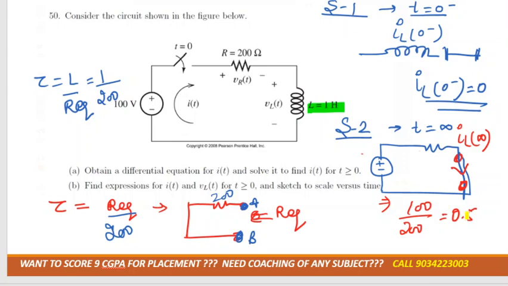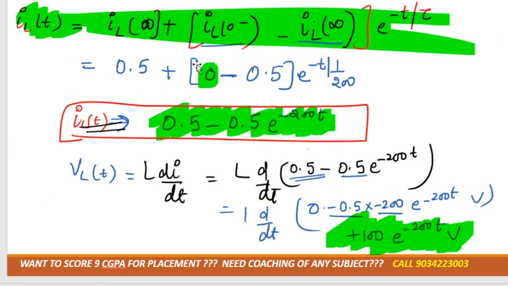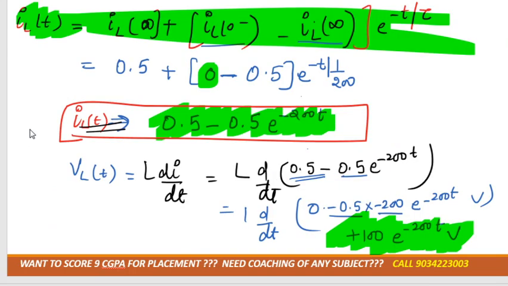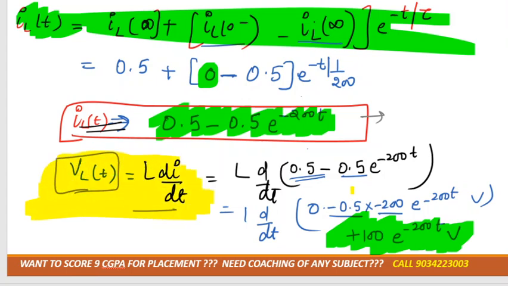IL of infinity we calculated by switching the switch closed: V by R, 0.5. Then R equivalent is only a single resistance R, 200. Tau is L divided by R equivalent. We substitute all the values, and if they are asking the voltage across the inductor, then VL of t is equal to L di by dt, and we differentiate.